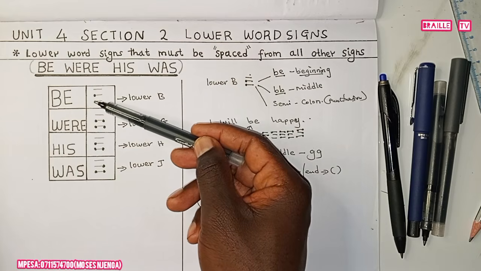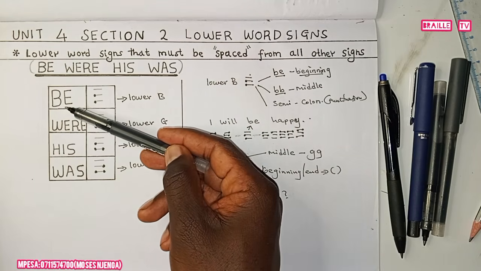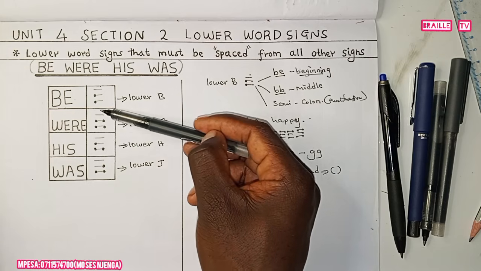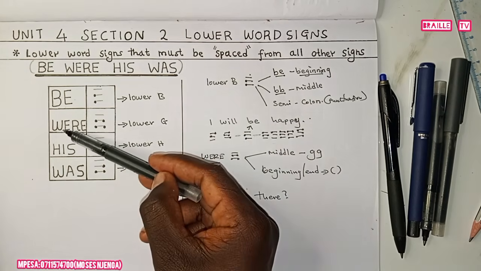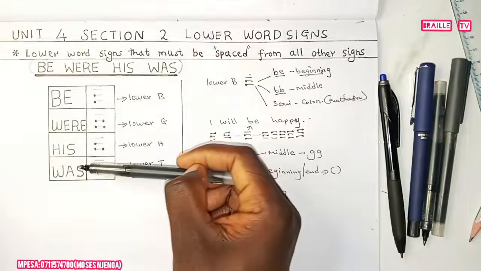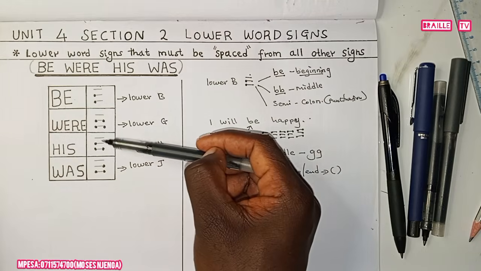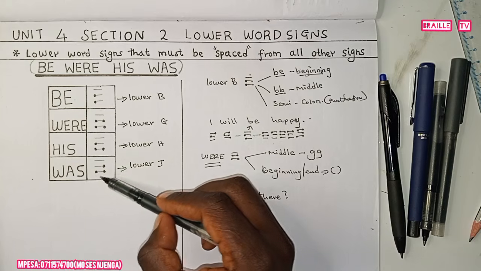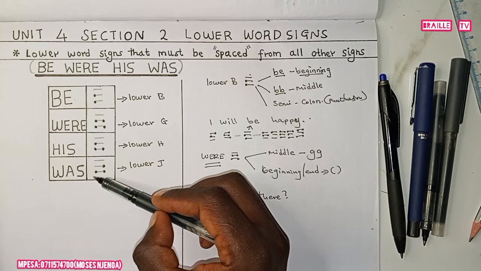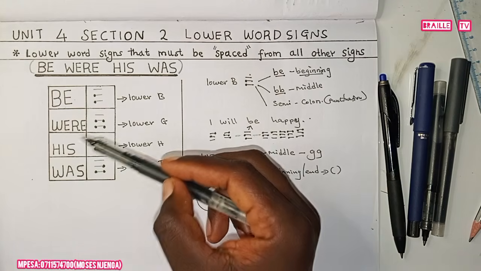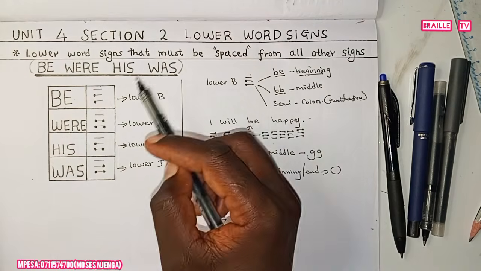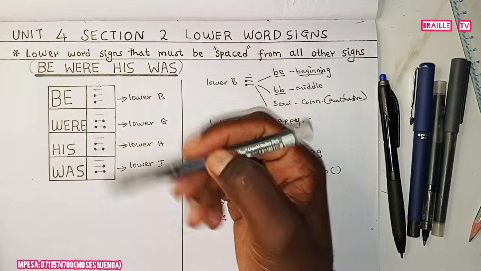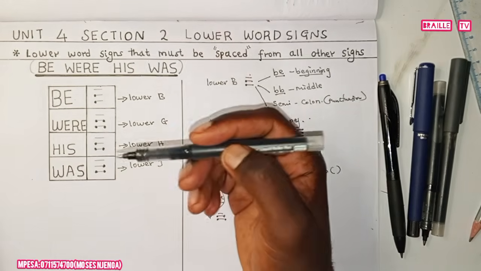So in this case, lower b means the whole word be. This one lower g sign represents the whole word were. The same for his: this lower h alone represents the whole word his. This lower j represents the whole word was. That's why we said word signs are signs used to represent a complete word.